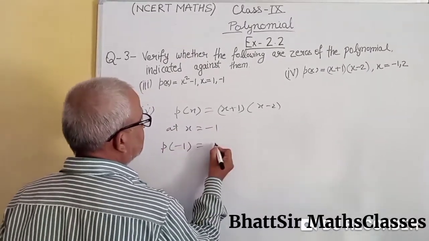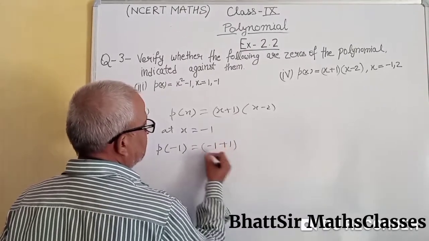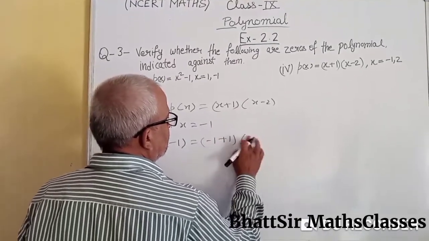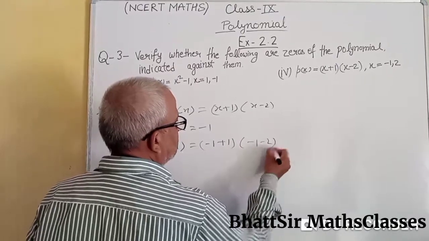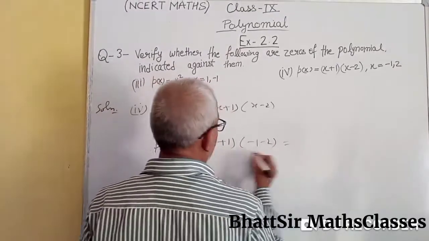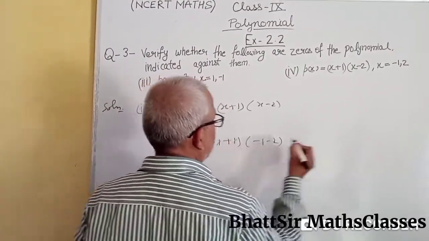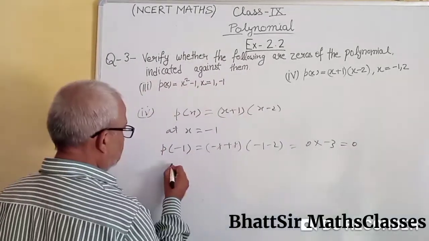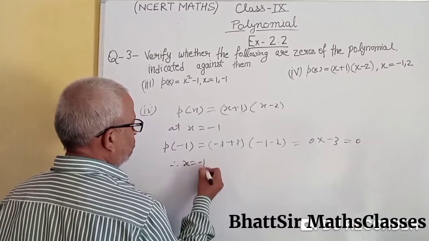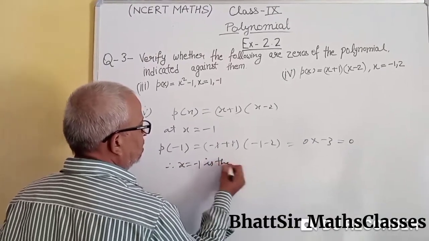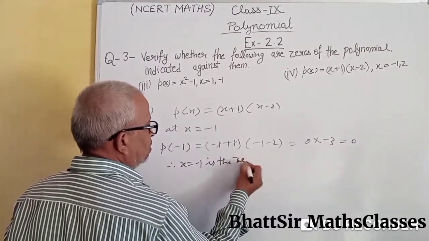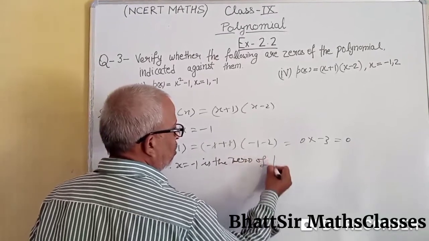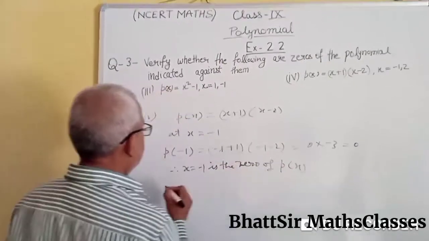P(minus 1) equal to (minus 1 plus 1)(minus 1 minus 2), equal to 0 into minus 3, equal to 0. Therefore, x equal to minus 1 is the zero of P(x).